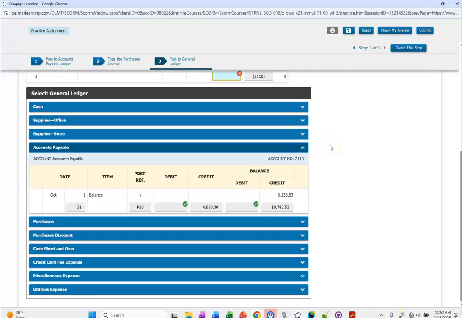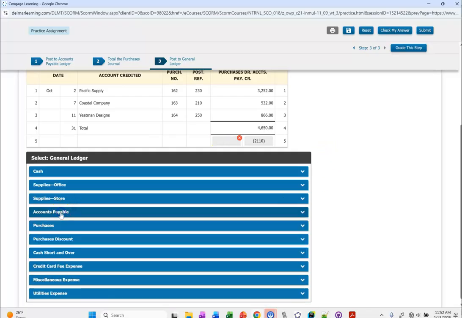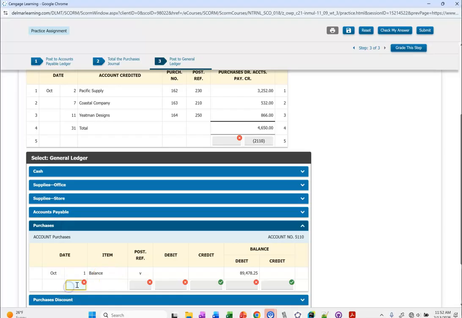What number did you put up top? Sorry, I missed that. The account number for the accounts payable journal. So the other place that this is going to go is into the purchases. So we're on journal purchases, page 10.